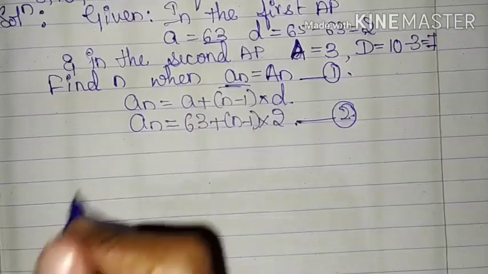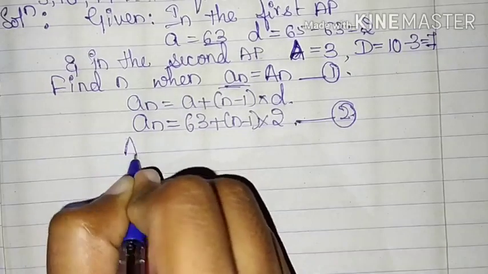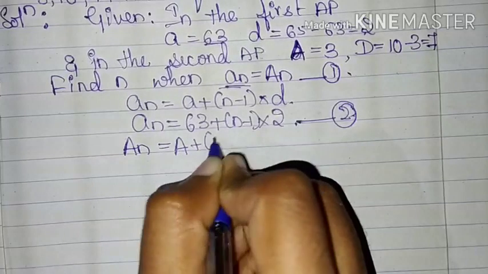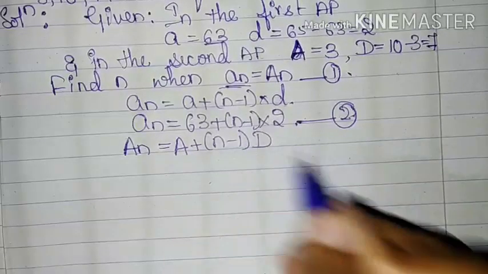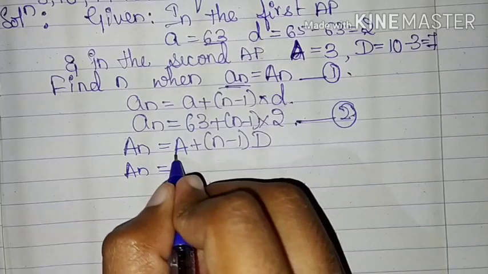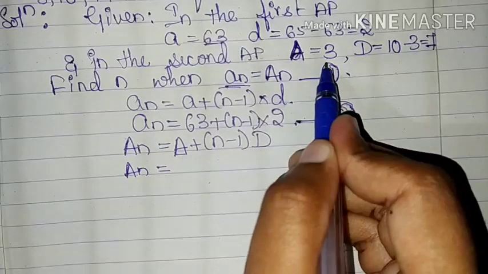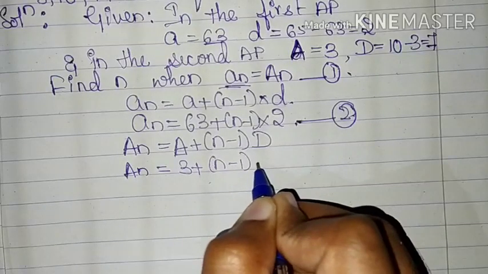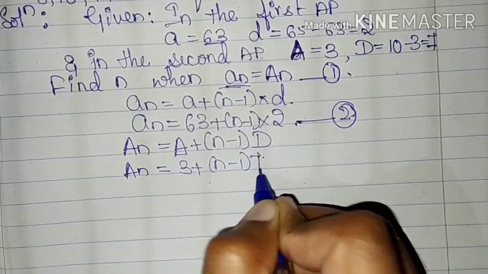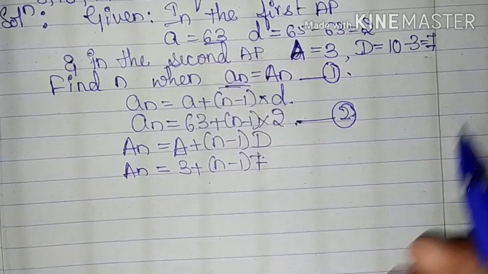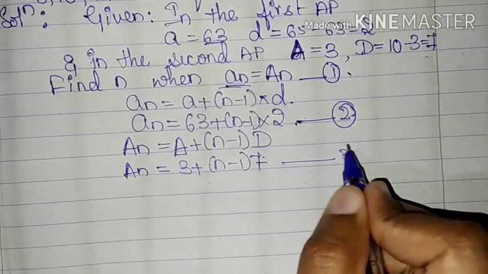Now, in the second AP, similarly, capital AN is equal to capital A plus n minus 1 into capital D. Therefore, AN is equal to 3 plus n minus 1 into 7, because the common difference for the second AP is 7. This is our equation 3.